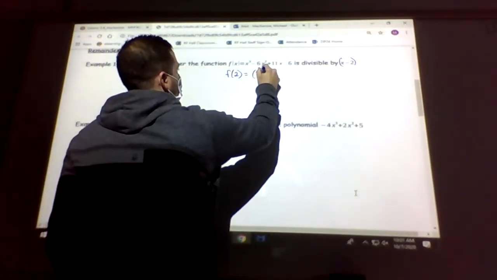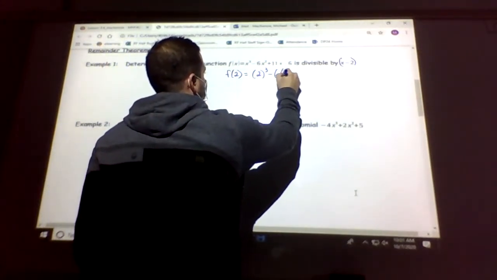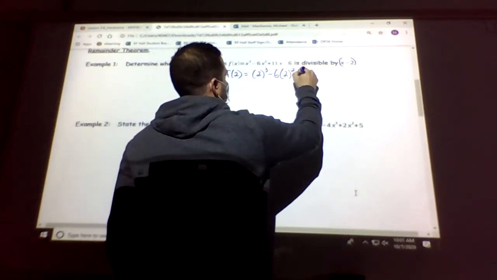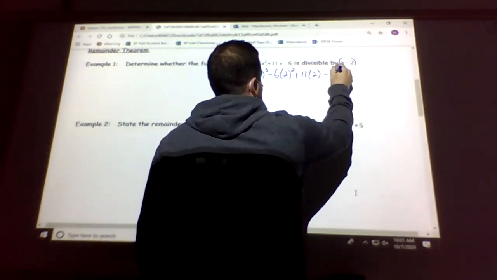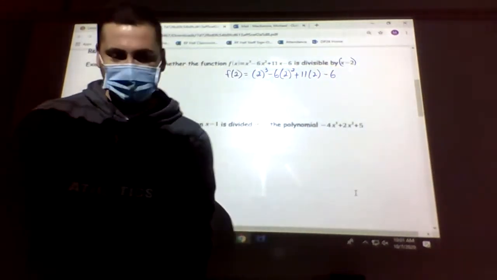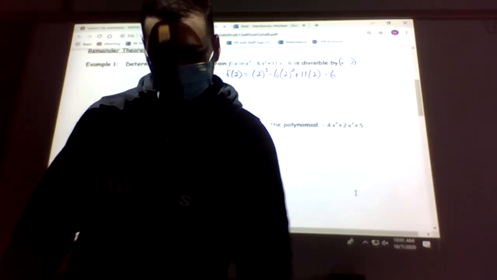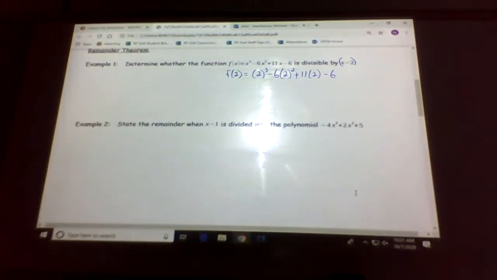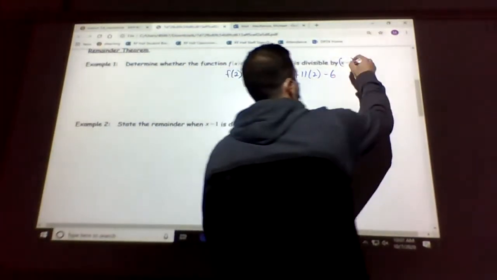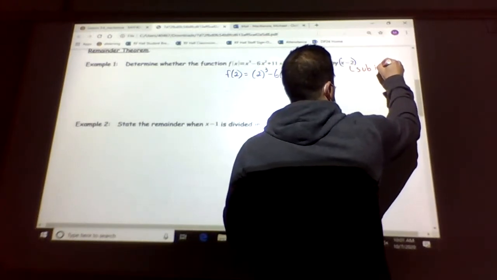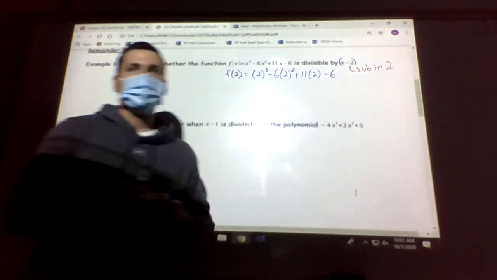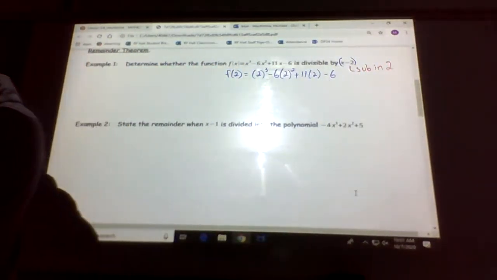So I get 2 cubed minus 6(2 squared) plus 11 times 2 minus 6. So we're substituting 2 into the equation.